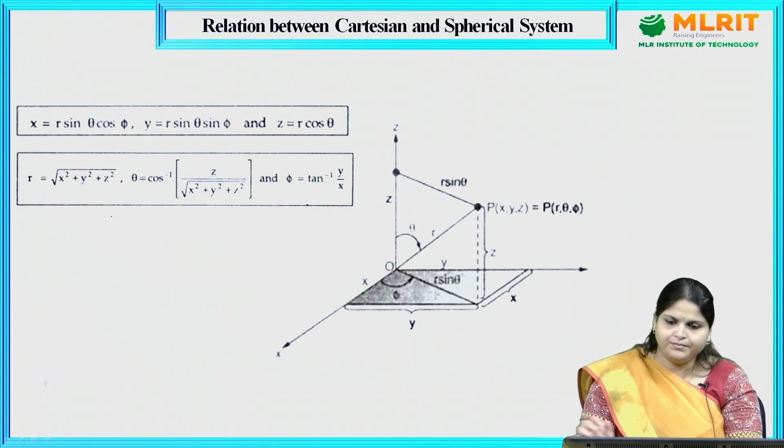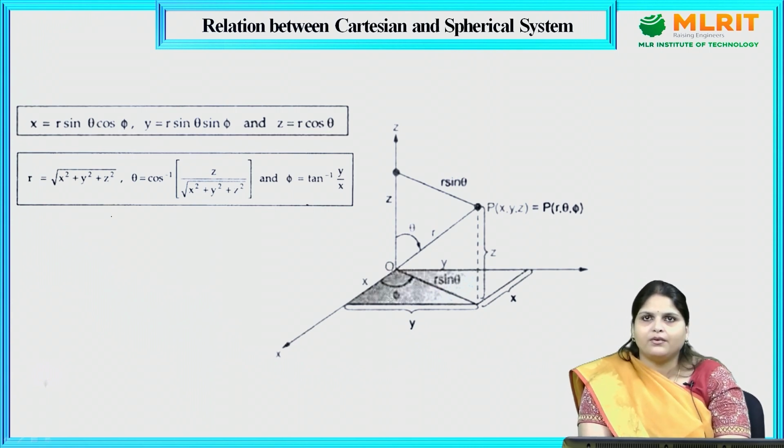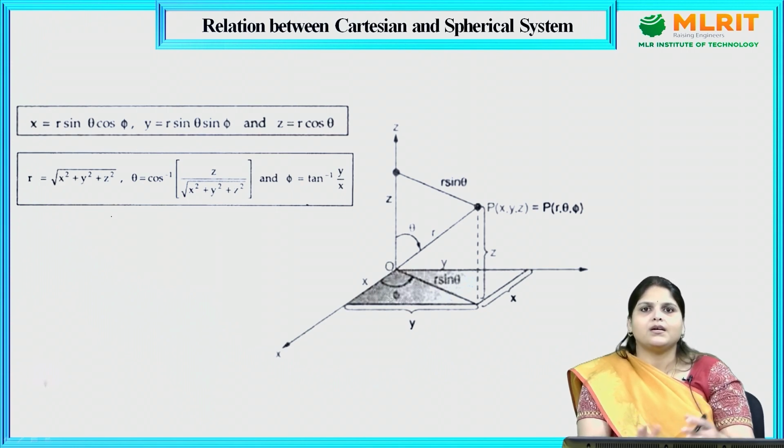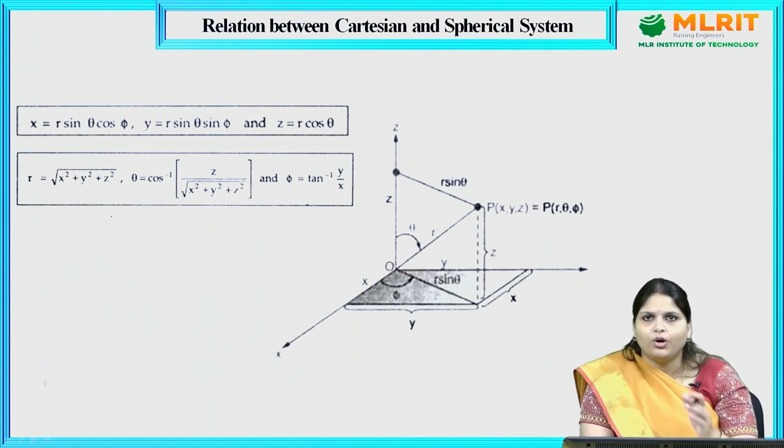Next, we can discuss the relation between the Cartesian and spherical coordinate systems. Same as we discussed the relation between the Cartesian and cylindrical coordinate systems, this can also be done. In the same system, we have to draw all the points of both systems.